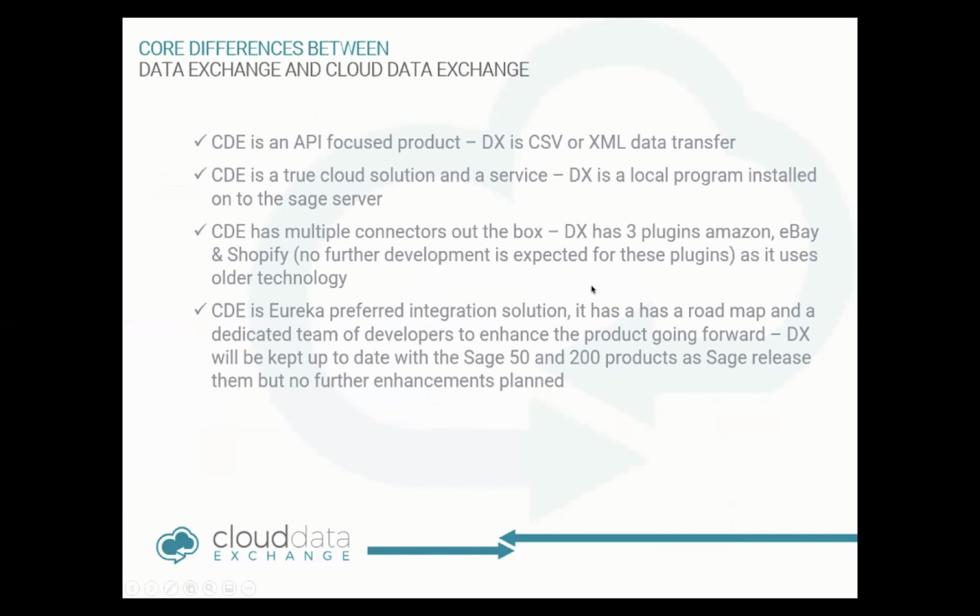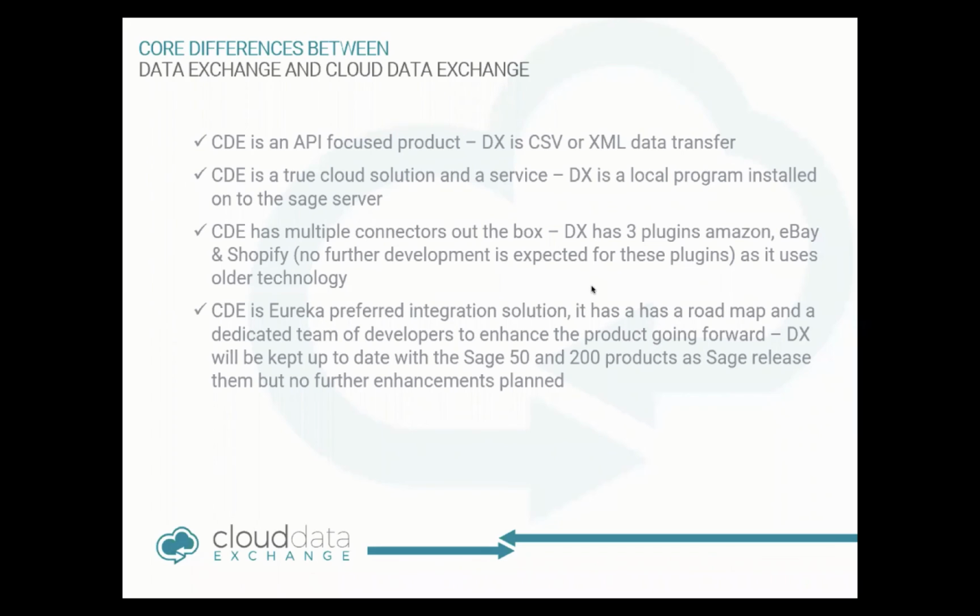So I'd like to highlight a few points here, the core differences between Data Exchange and Cloud Data Exchange. Cloud Data Exchange is focused on APIs. However, we can still pick up a CSV from an SFTP, an FTP, or another kind of platform.